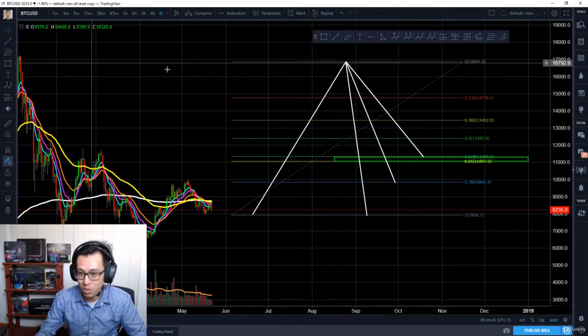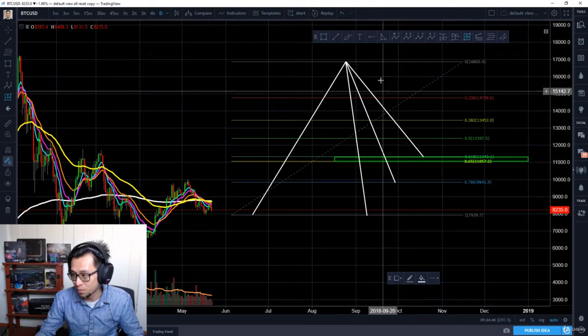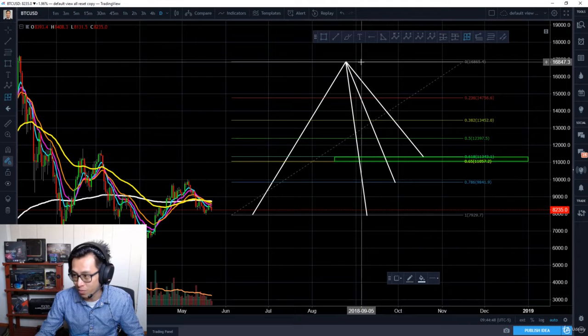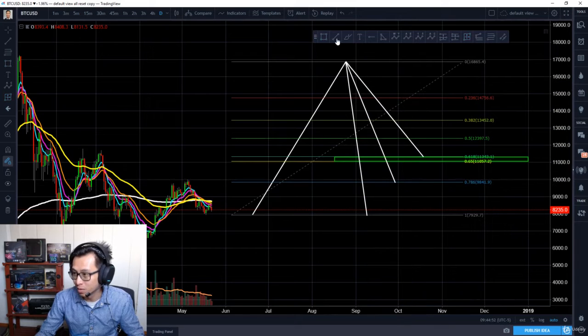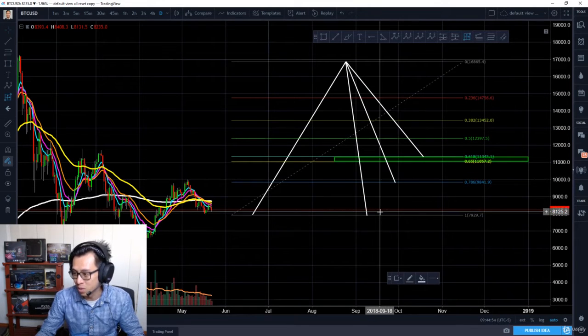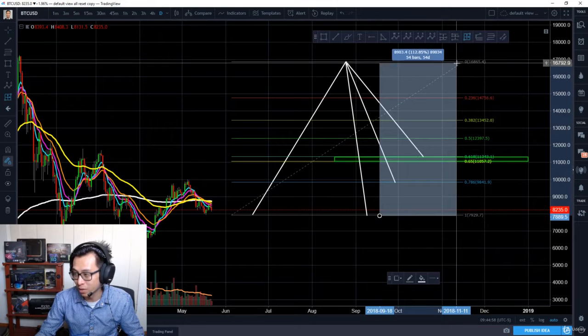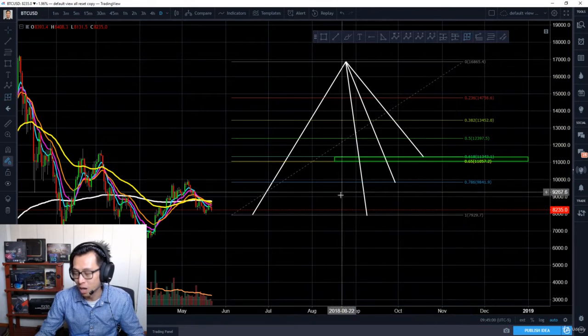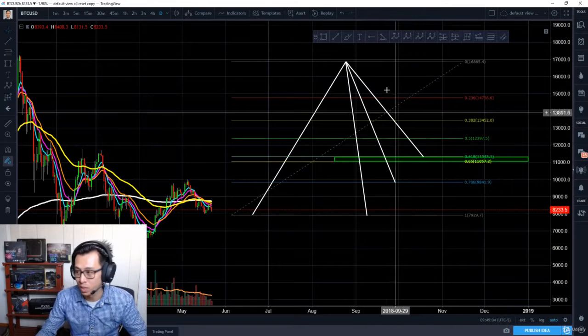So if you've noticed right here, just as an example, this is 78%, if I went from the top to the bottom. Or actually, let's see if it's better this way. If this right here was 100%, we'll just use an example, 78.6% of that 100 is what it's referring to.